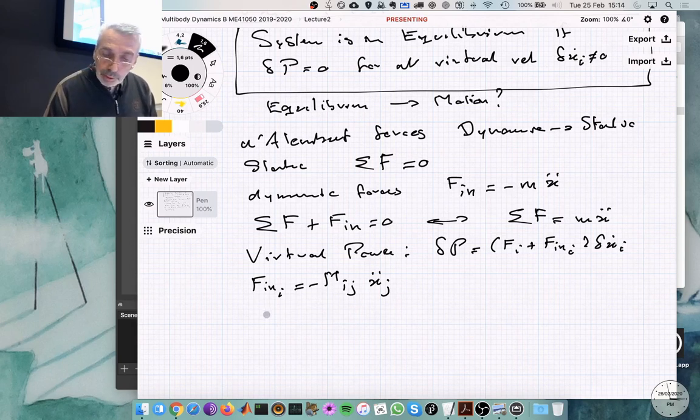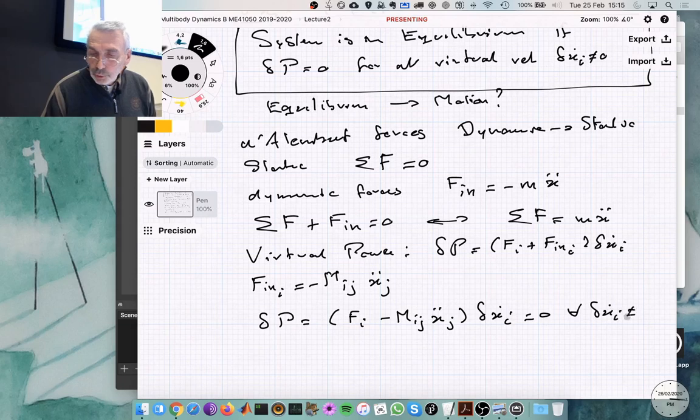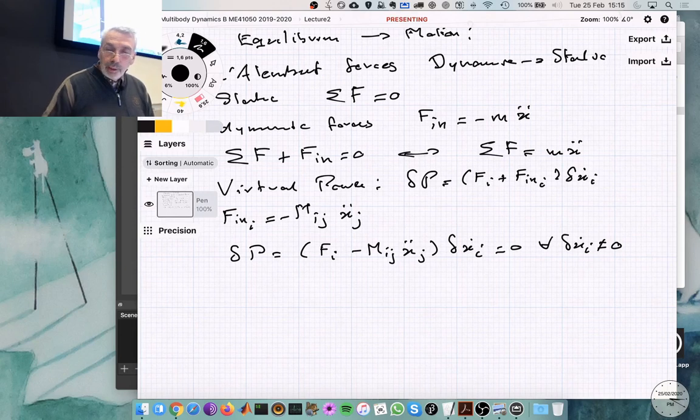So if I now write it out, I say, oh yeah, delta P is apparently the applied forces minus the mass times the acceleration times delta x dot i. Well, and that should be 0 for all velocities which are not equal to 0. And then what can I do? Well, to find out what is the solution of this whole problem, you can take arbitrary velocities.